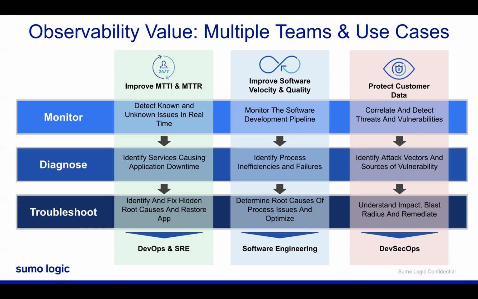Now, talking about DevSecOps, which is more about the reliability of the software, if there are any security related threats or any issues going on in your environment, that is what they are worried about.